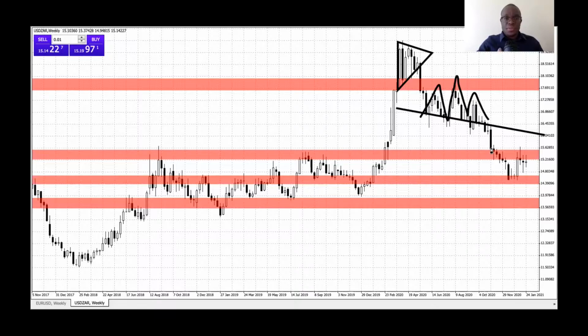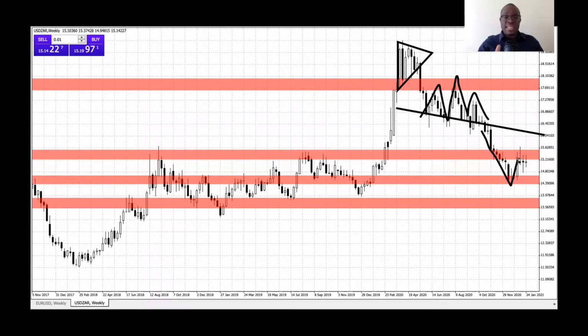There is also the fact that the price came, broke this zone, pulled back and retested it. As far as we are concerned at this moment, this 15.21600 zone is showing signs of holding as a resistance zone after being broken as a support zone.